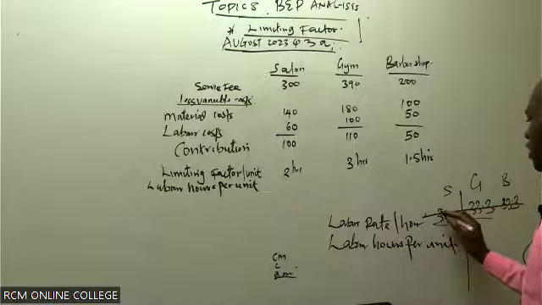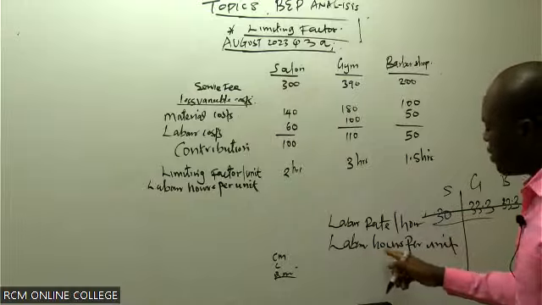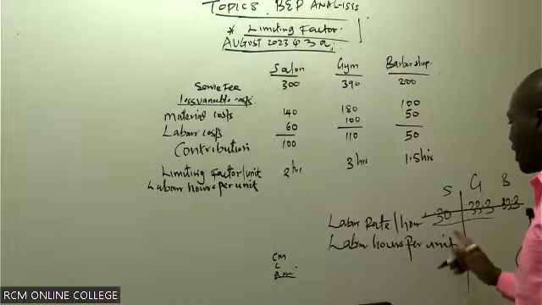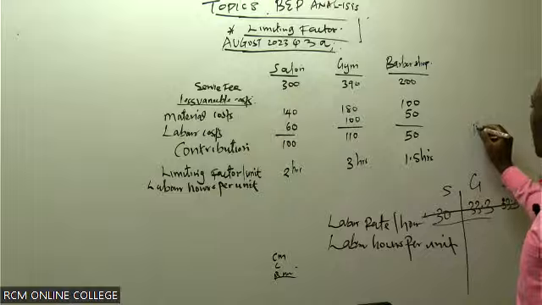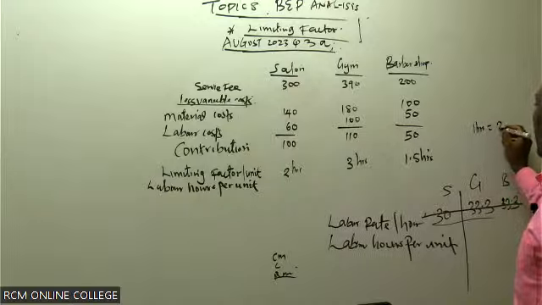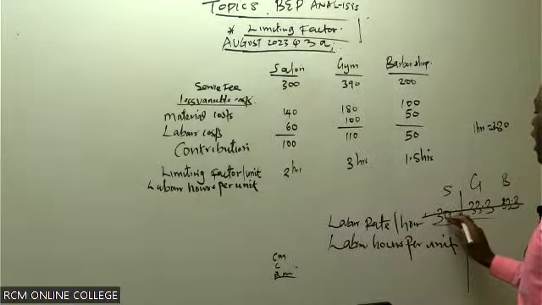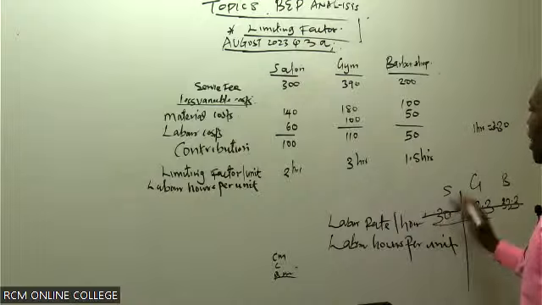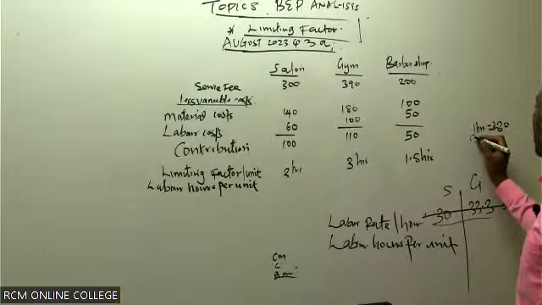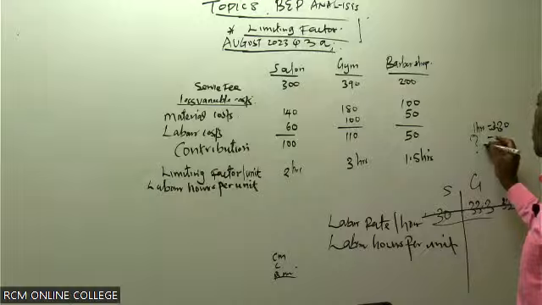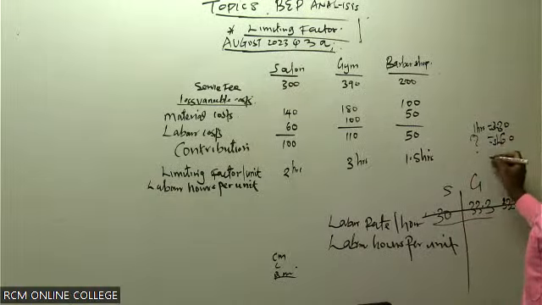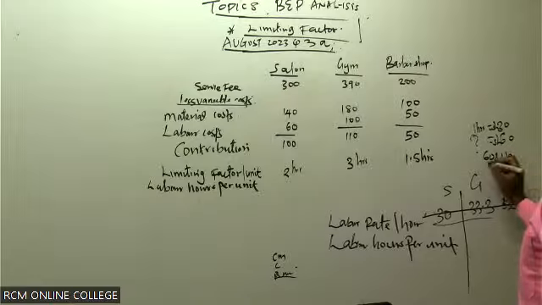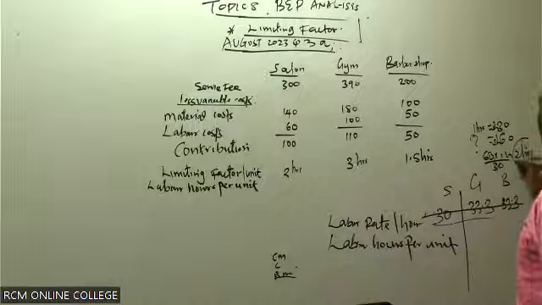For example, if you're given this rate, but we need labor hours per unit, you'll be asking yourself, if 1 hour is equal to 30 shillings, that is what we have, the labor rate per hour. How many hours do we need when the company paid 60 shillings? We take 60 times 1 hour, divide by 30 to give us 2 hours. So this 2 hours is what we are looking for.